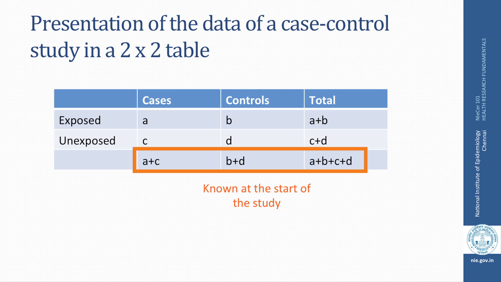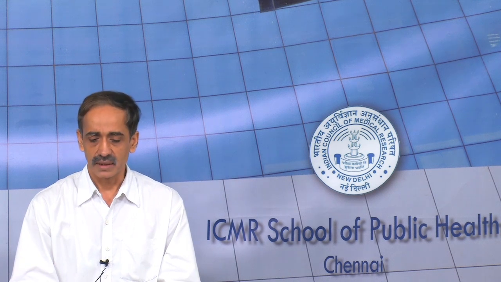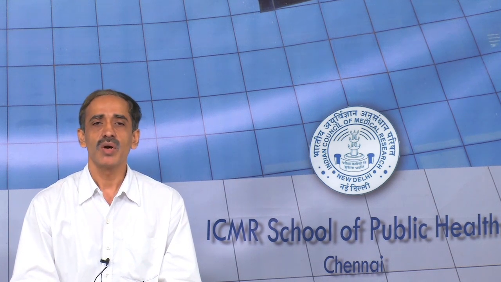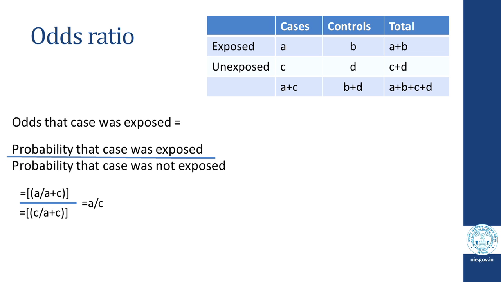In case control study, we cannot calculate incidence of disease like what we could calculate in case of cohort studies. So, what we do is we calculate a measure of association called odds ratio. The odds that a case was exposed is given by this formula: probability that a case was exposed upon probability that a case was not exposed.